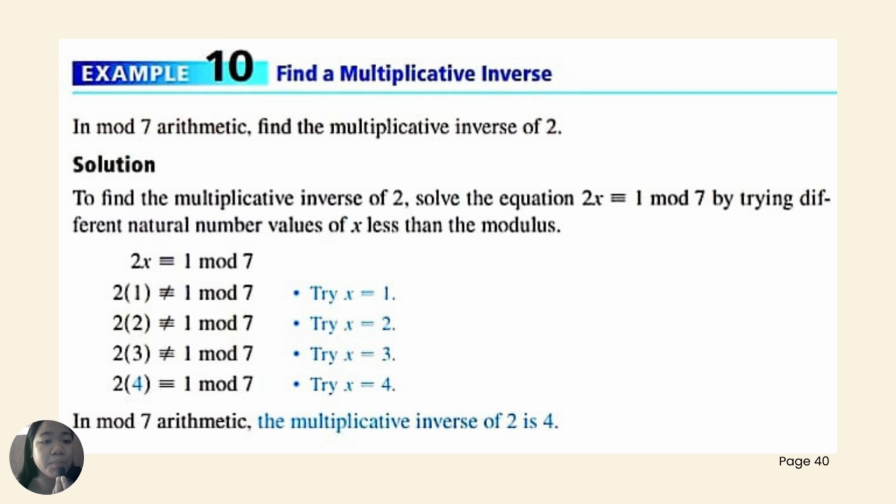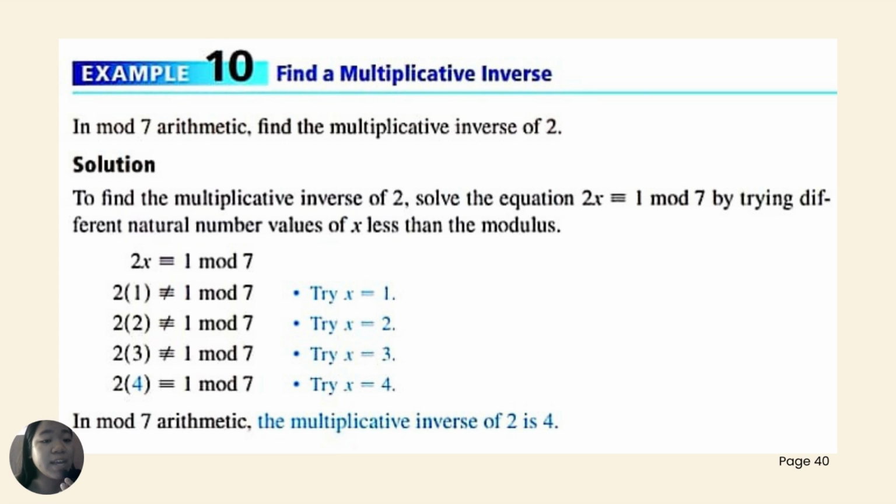Let us find the multiplicative inverse of 2 in mod 7 arithmetic. To find it, let us solve 2x is congruent to 1 mod 7. Here x is our multiplicative inverse.